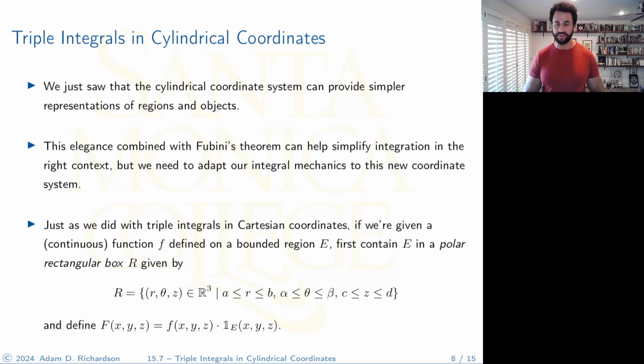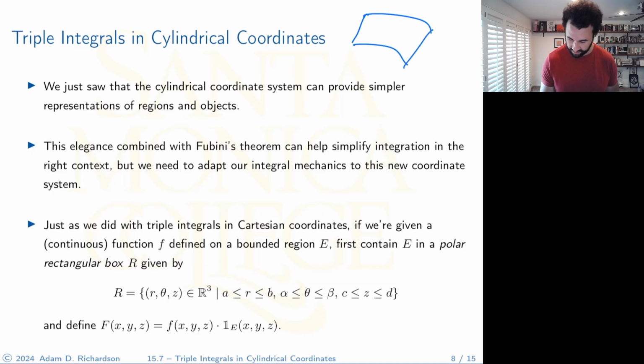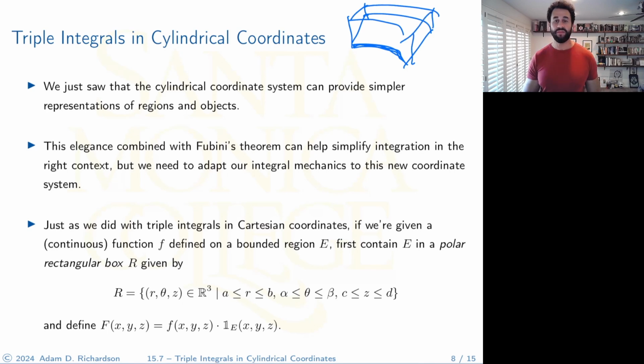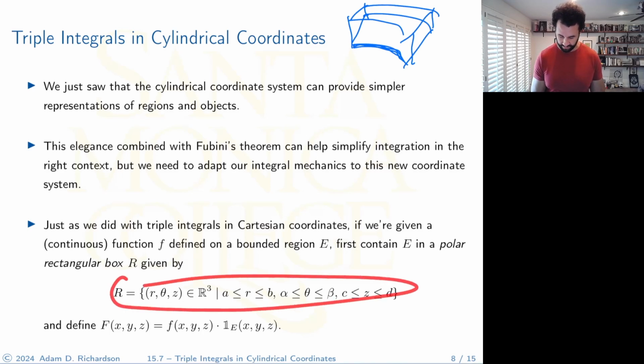Remember a polar rectangle from the polar coordinate section looks like that. It's basically what you would get if you had a circular wedge, but then you chopped off the pointed part in a rounded way, right? So now extend this into 3 dimensions. And that's a polar rectangle. Oh, sorry, a polar rectangular box. So this is how we're going to define it.